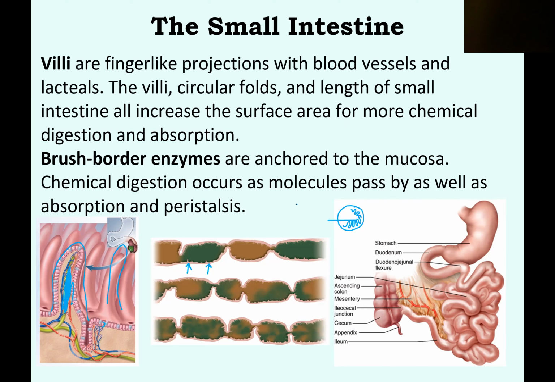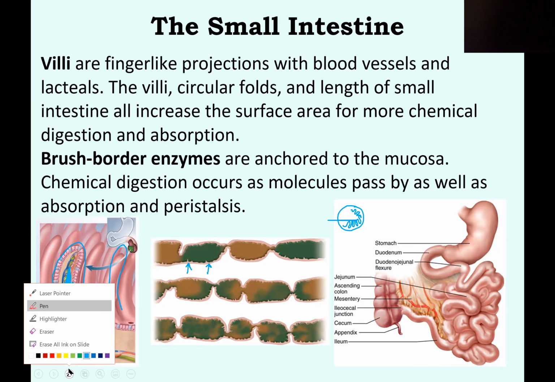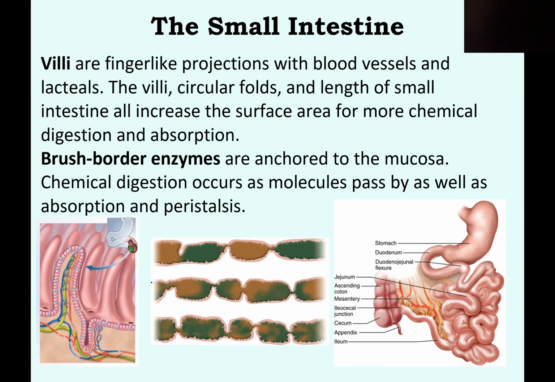Now, the small intestine does something different than the rest of the digestive tract. The small intestine anchors its enzymes to the mucosa. So rather than like in the mouth where saliva is dumped into the middle and you have to have the mastication to mix it all up, with the small intestine, it's anchored to the mucosa.